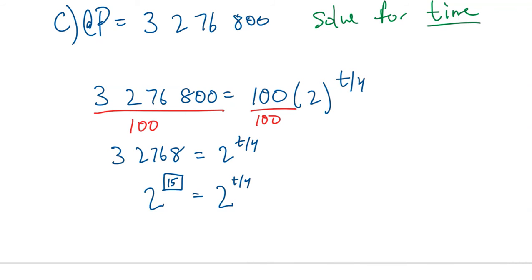So 2 to the 15 equals t over 4. Therefore, 15 equals t over 4. Now what do I do with the over 4 part? I multiply both sides by 4.